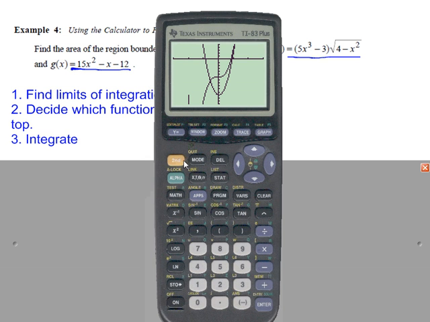Great, so let's find those intersection points. So second calc, intersect, 1, 2, 3. It's going to give me my first intersection point at -0.53. And do that again to find the other intersection point.